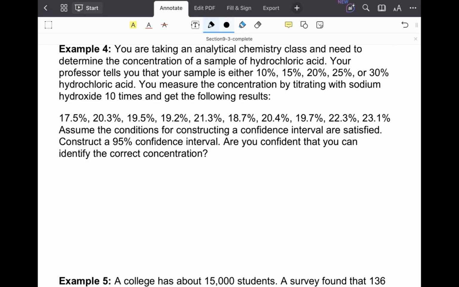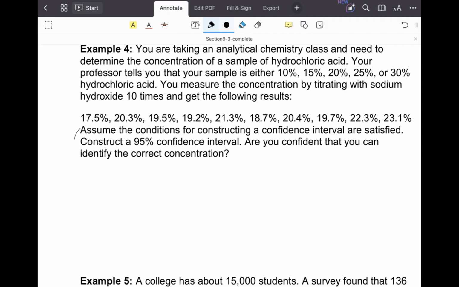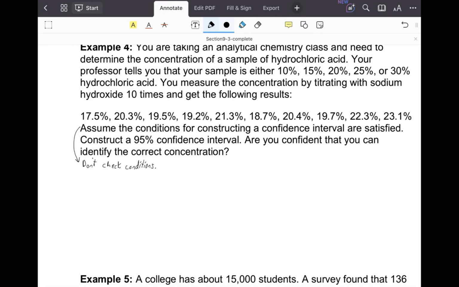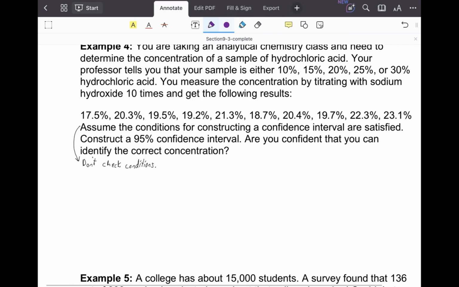Okay, so ignore the conditions. Let me just put here, don't check conditions. In some cases, we can do that. Okay, so the next step, we need to construct a confidence interval. So we'll use the confidence interval Excel file.